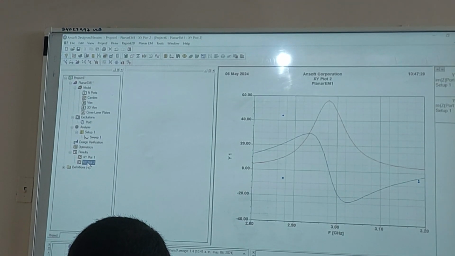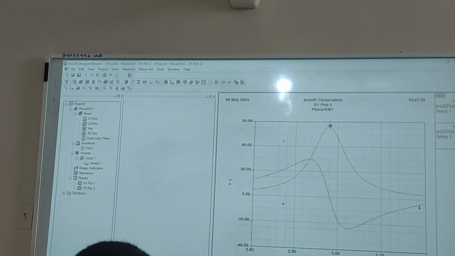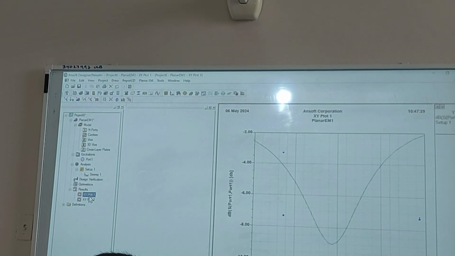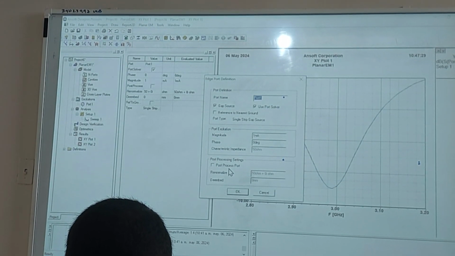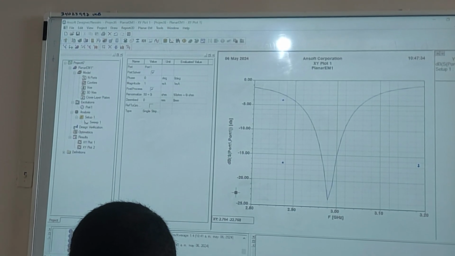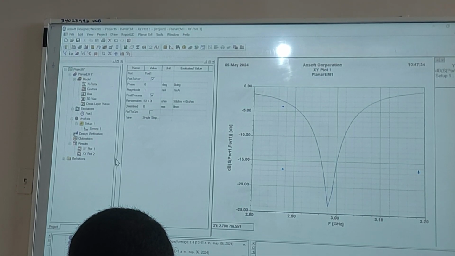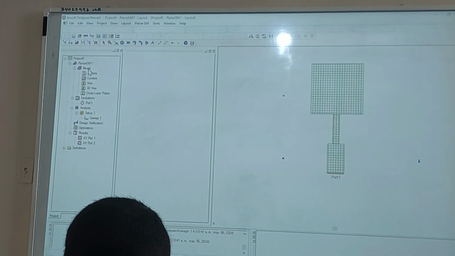And as you can see here, we have a real impedance near to 50 ohms. Okay? And there is not a good solution anyway, that's because of the time now. But here we have these two solutions.